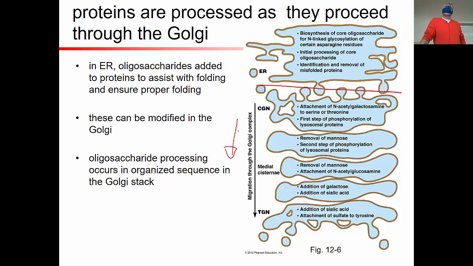The N-linked sugars may be further modified, things may be added or removed from that, but adding new N-linked sugars does not occur outside of the ER. O-linked glycosylation, however, can occur in the Golgi. So that's addition of carbohydrate or carbohydrates to the hydroxyl group of a serine or a threonine.